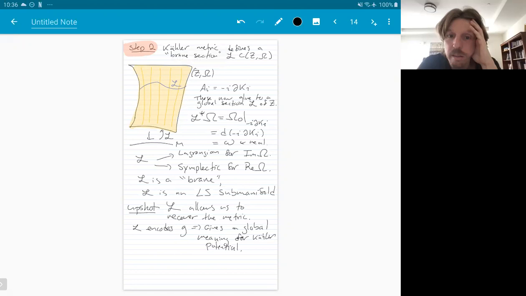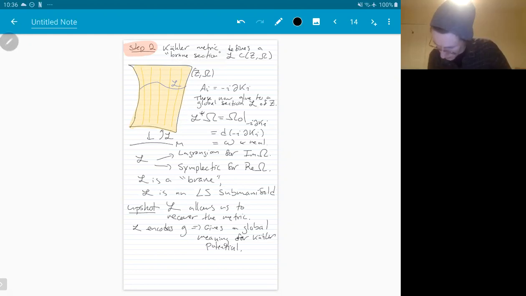Sorry, Francis. Yeah. I lost track of big omega versus big omega 0. Okay. Sorry. Yeah. So big omega 0, this is supposed to be the symplectic form on the cotangent bundle. So it's a little bit confusing how I wrote it. So Z is built up by taking the cotangent bundle and chopping it up and regluing it.